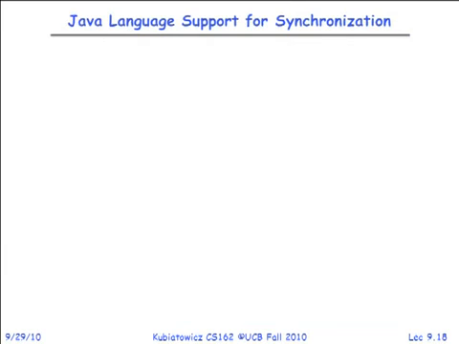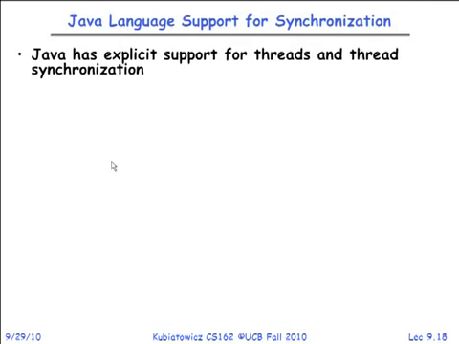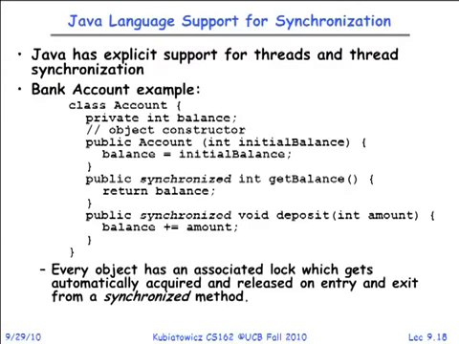Java, of course, has the same issue if you have explicit locks that are outside of the language. That's what these kind of things are. But Java, of course, has support for synchronization built in. So, for instance, if you remember the bank account example, which we started with for synchronization, we could say, class account has some private data like a balance and so on, and then we have some methods which are, for instance, synchronized methods.